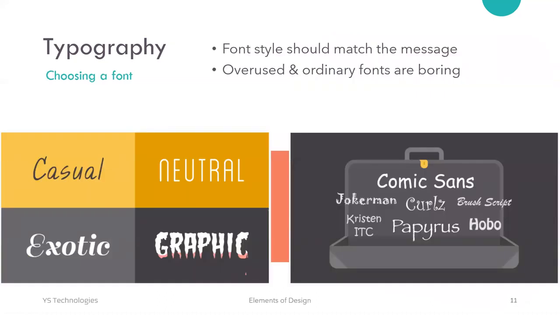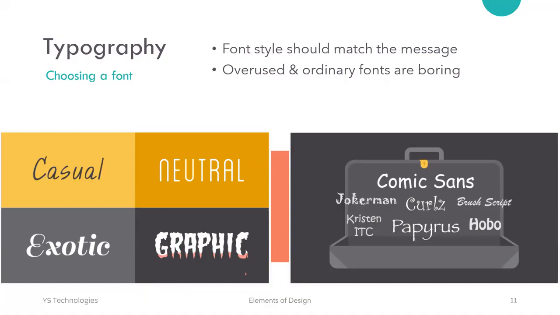How do we choose a font, whether it's for a title or for a large body of text? The first thing we need to keep in mind is that the font style should match the message we are trying to convey. Not just the message that's contained within the words, but also the message of the project. What attitude or what impression do we want to create in the user when they look at the product or the design?